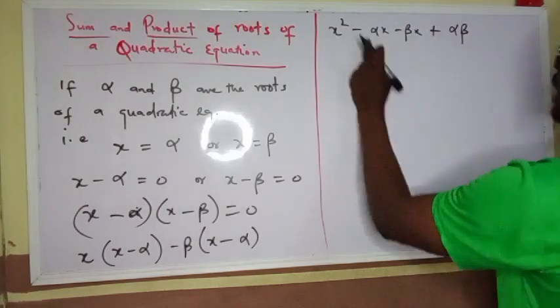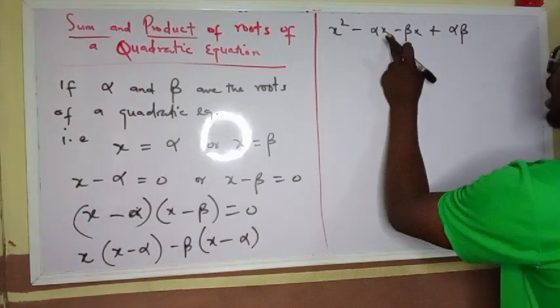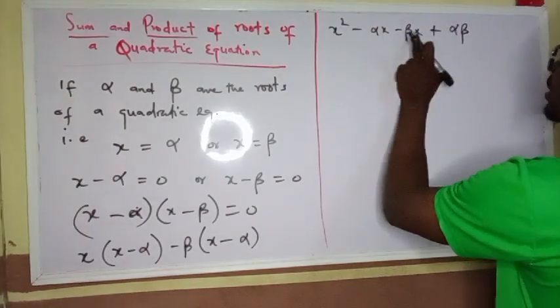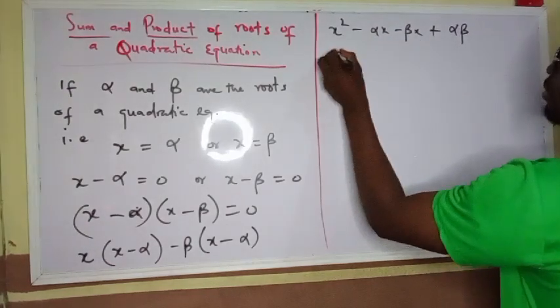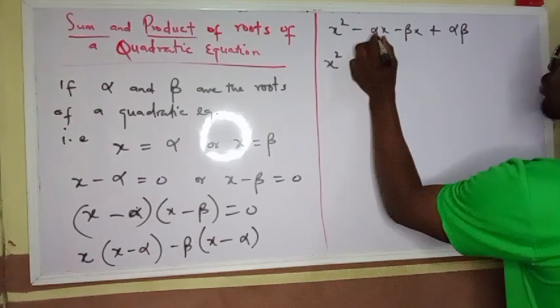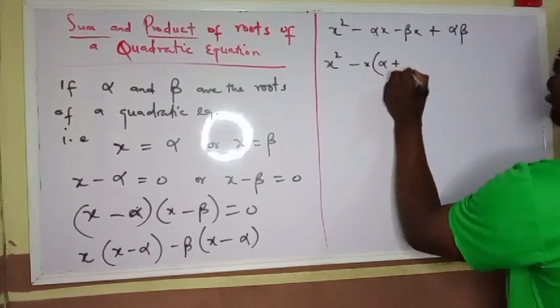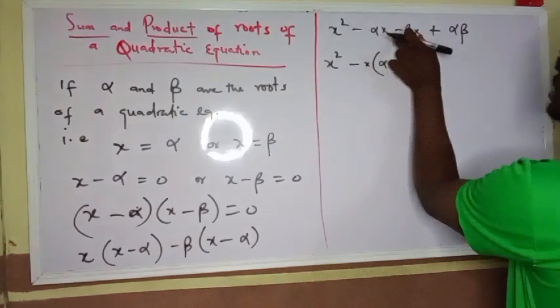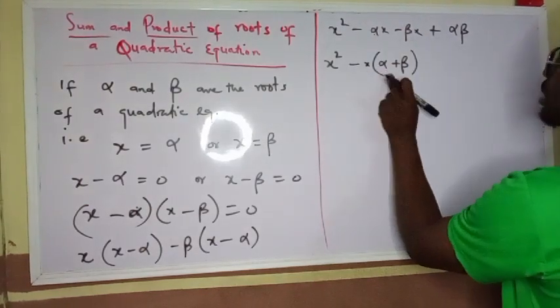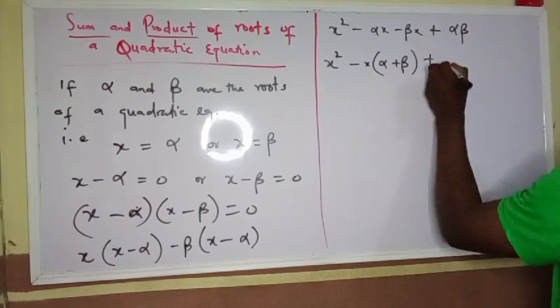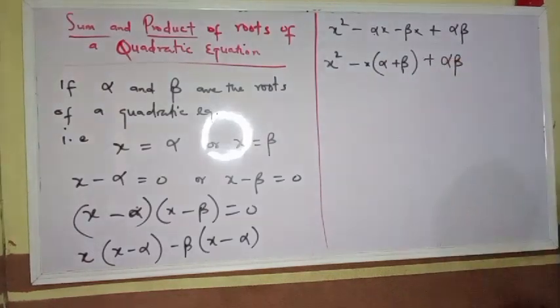We have x common to both alpha x and beta x, so let's factor x out. So we have minus x into alpha plus beta. If we factor minus x out here, we are left with alpha plus beta, and if you open up the bracket we still get this expression, plus alpha beta.